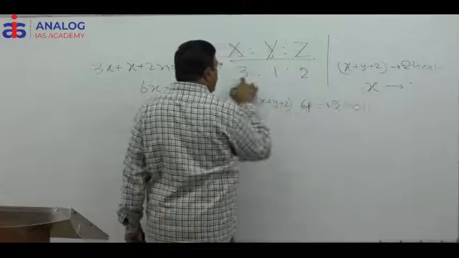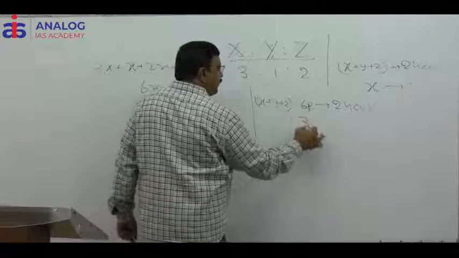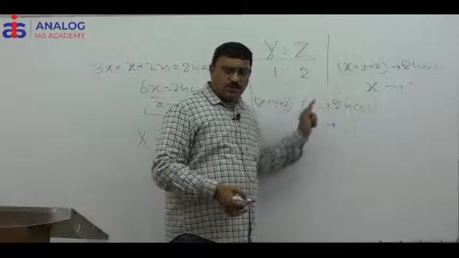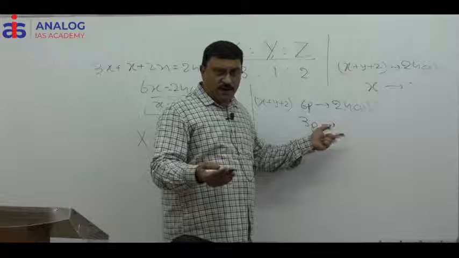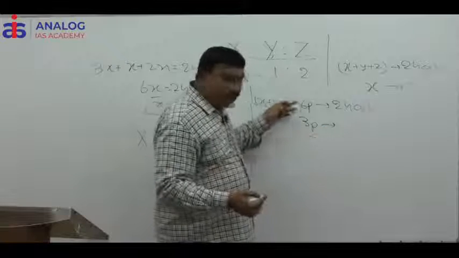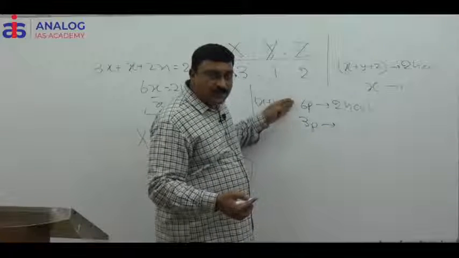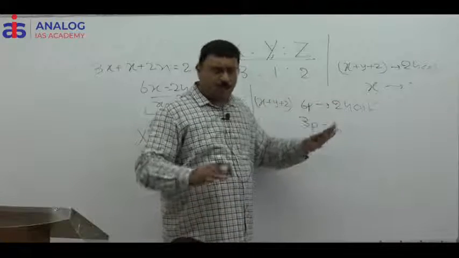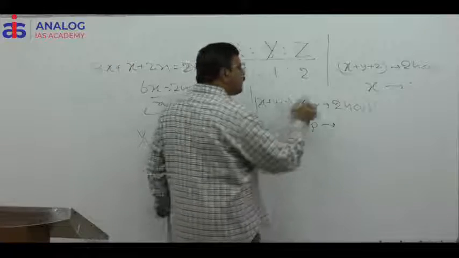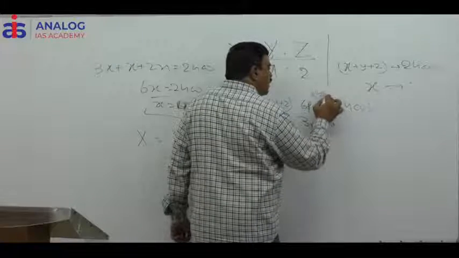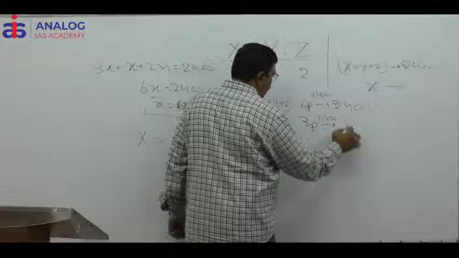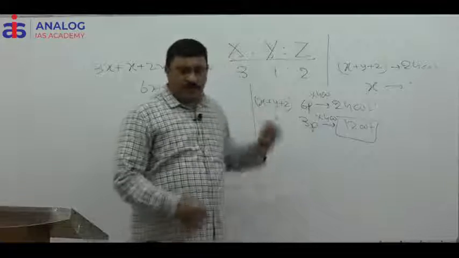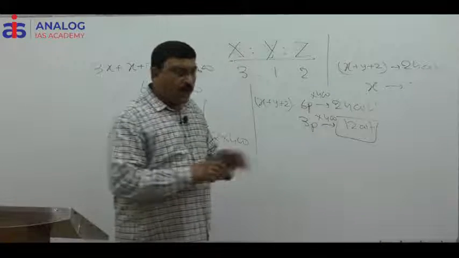Now, x is 3 parts. 3 parts is how much? You can write 6 into 400 is 2400, 3 into 400 is 1200. But you can also see 6 half is 3, 2400 half is 1200. You can make use of any of the cases. First make it a habit of writing 6 into 400, that's why 3 into 400, that is 1200. It is up to you. Nobody asked why it came like that, but you should have that inclination.